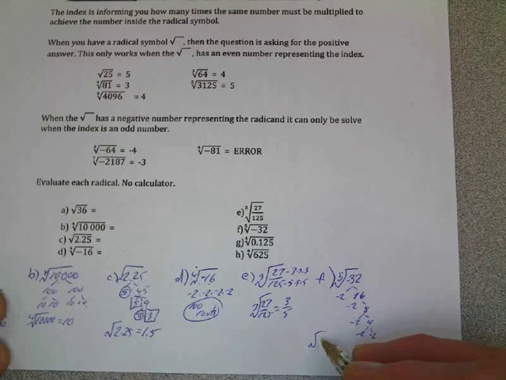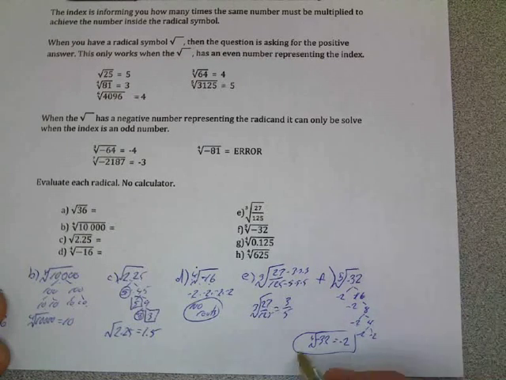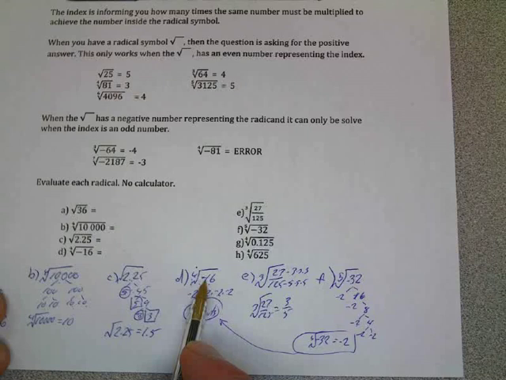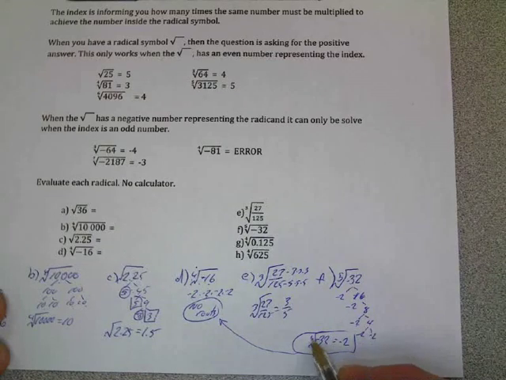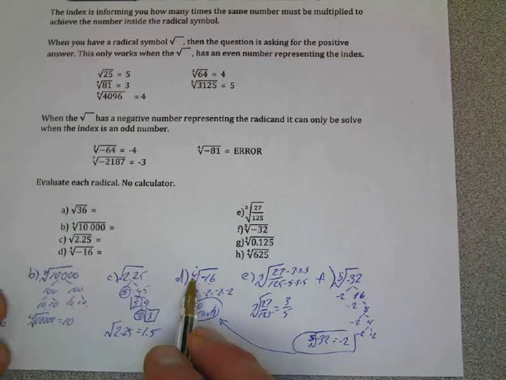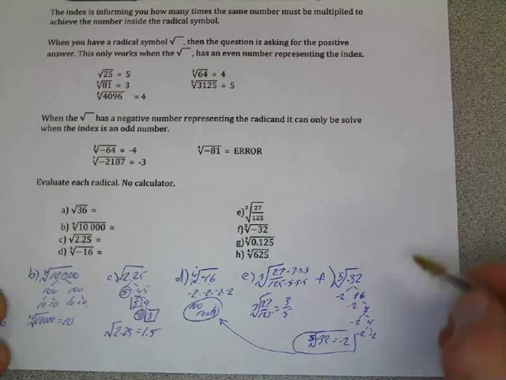So the fifth root of negative 32 is equal to negative 2. Now this one and this one are different. An even root of a negative can't work. An odd root and a negative will work.